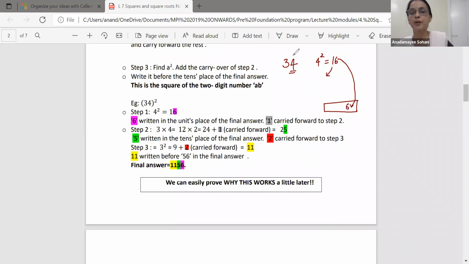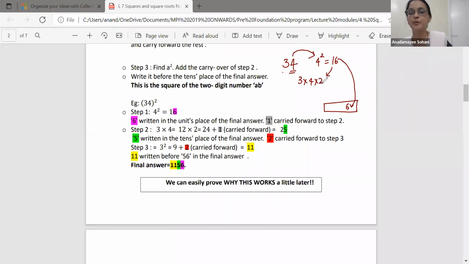Square of 4, the units digit comes in the units digit of my final answer. 1 goes to the second step. Then the next step is I will multiply 4 by 3. 4 3s are 12, and whatever answer comes, I will multiply it by 2.